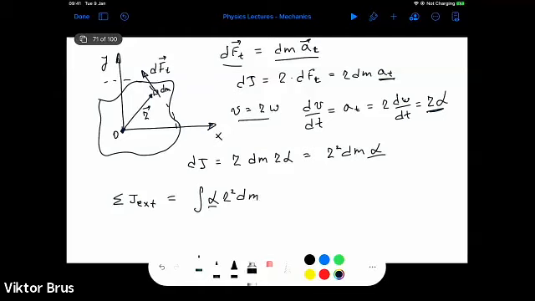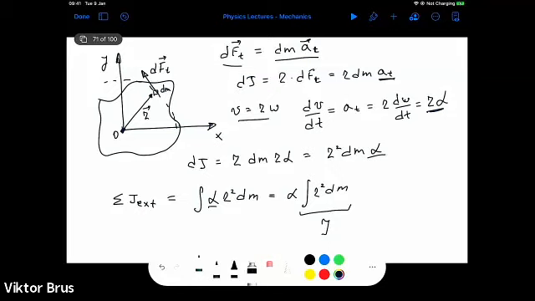Again, this alpha is constant for each dm, for each part of the rigid body, so we can put it in front of the integral of r squared dm. Does it recall something in your memory from our previous discussion? This is I, the moment of inertia. This is the definition of how we calculate the moment of inertia.